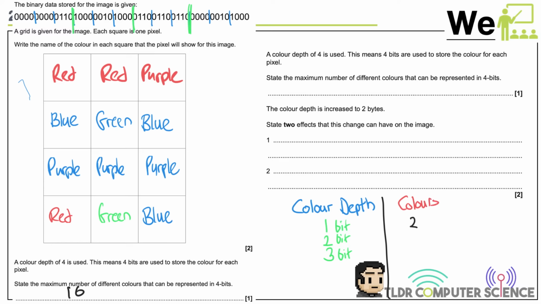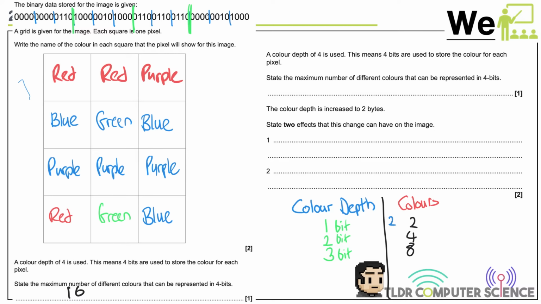And if you have 2-bit color depth, you can have 4 colors. And if you have 3-bit, you can have 8 colors. Essentially, as you're going down this way, it's doubling. Or another way to think about it is that it's 2 to the power of the number of bits. What do I mean by that?